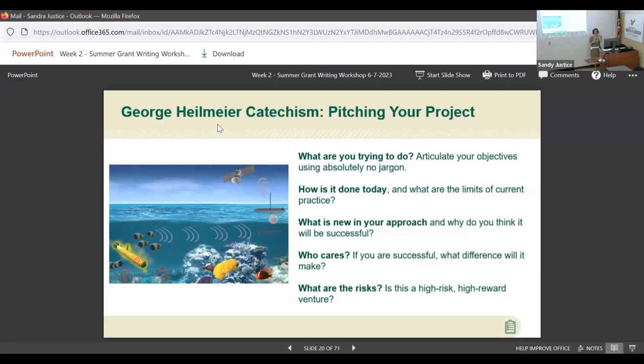And the peer reviewers are going to have this expectation. So whether you call it project description or methodology or approach, they should be able to flip through your proposal, go to that page, and they should have a pretty good idea of what you're going to cover in that section. So if it's approach or methodology, they mean pretty much the same thing.